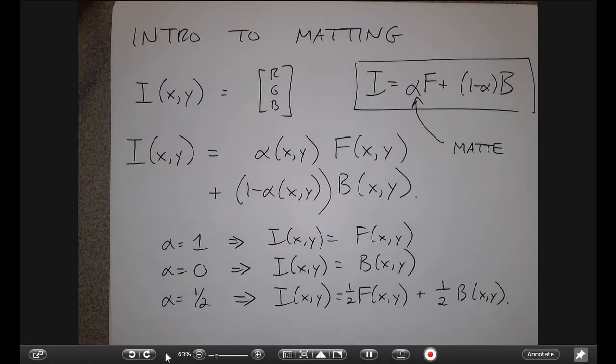Those of you that have taken some computer graphics are probably used to seeing this alpha in the context of the alpha channel, which is used when you're putting layers of material on top of each other. We're going to talk about that in chapter 3 of the book, which covers how, once we've got these pieces of the image, we put them back together. Right now, we're taking apart an original image into these three pieces.